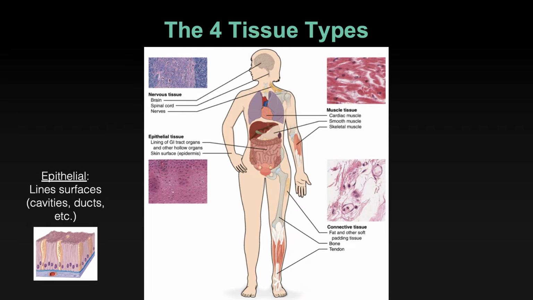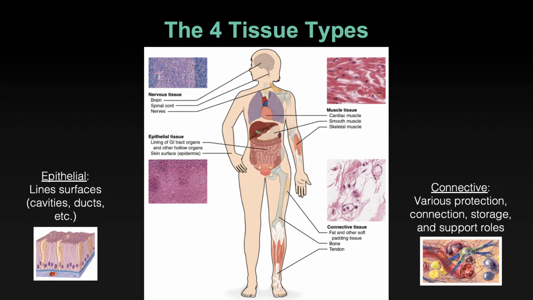as you'll come to see. The second type of tissue is connective tissue, and you can kind of think of this as the scaffolding of an organ. It provides structure and protection. It connects different areas of an organ together. It helps to anchor them, provide resilience.